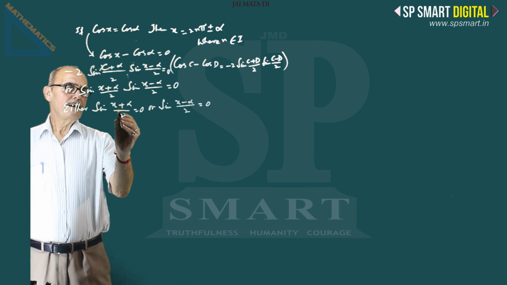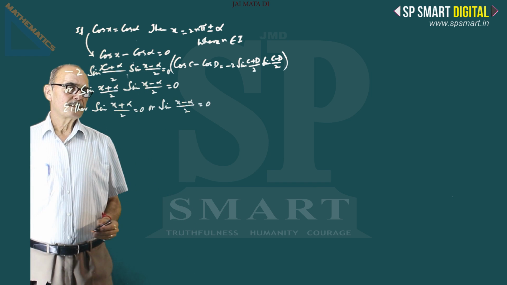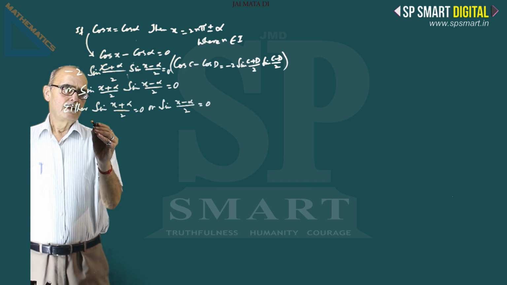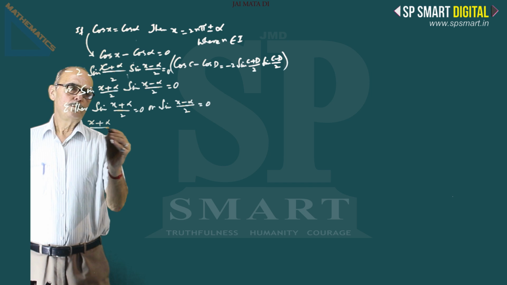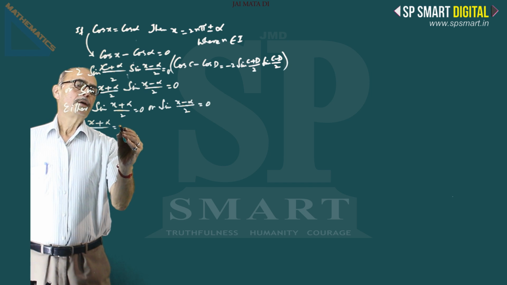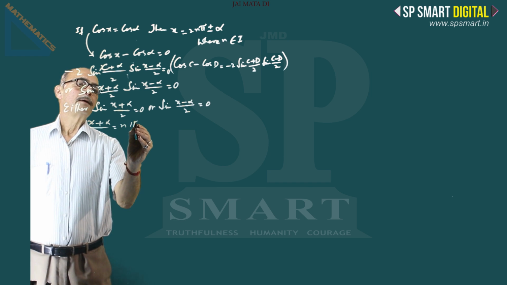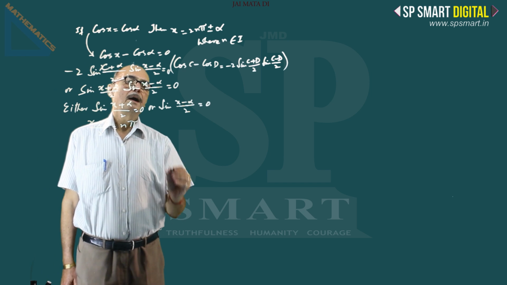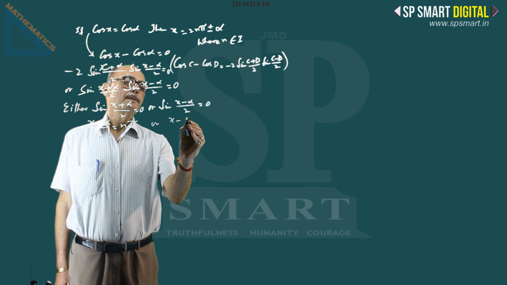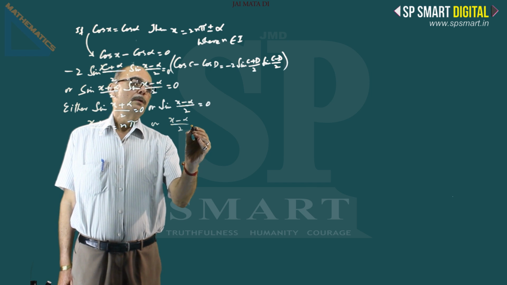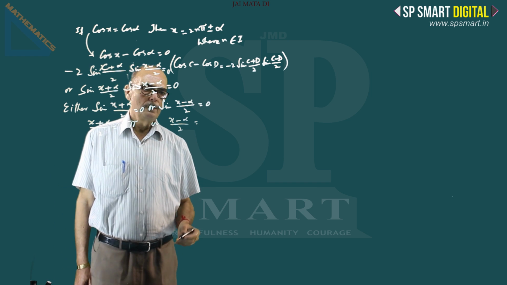If sin of some angle is 0, we use the first formula discussed above. So, therefore, (x plus alpha) by 2 equals n pi, or in this case (x minus alpha) by 2 is equal to n pi.